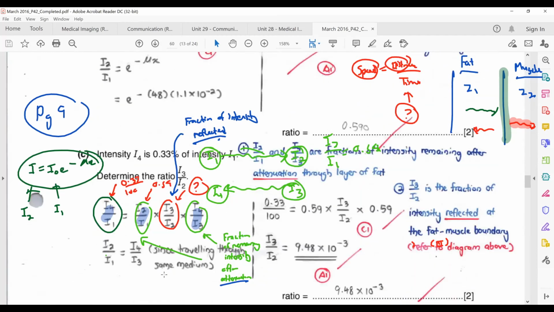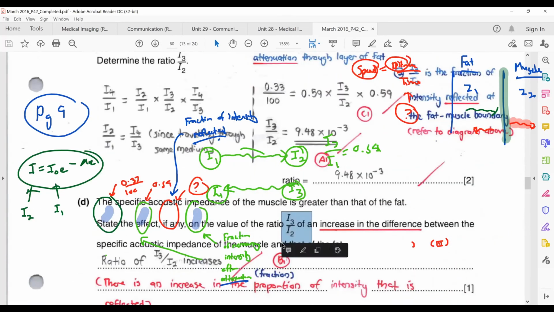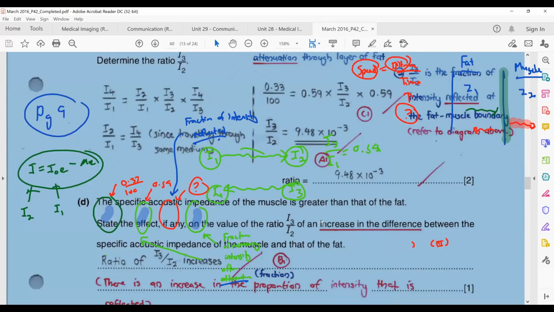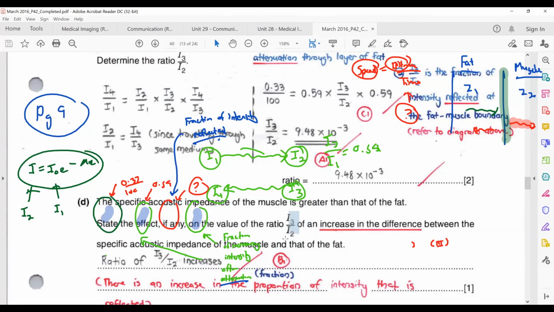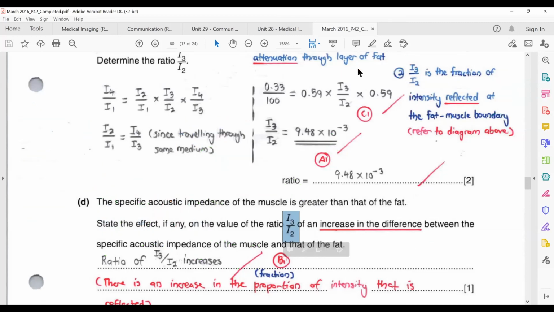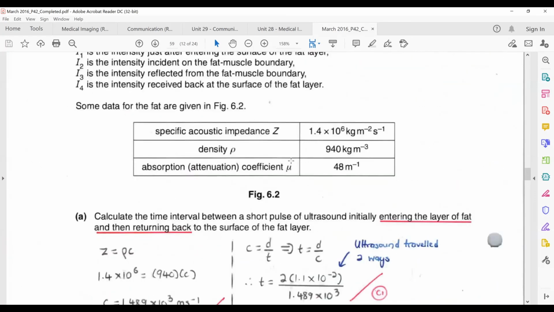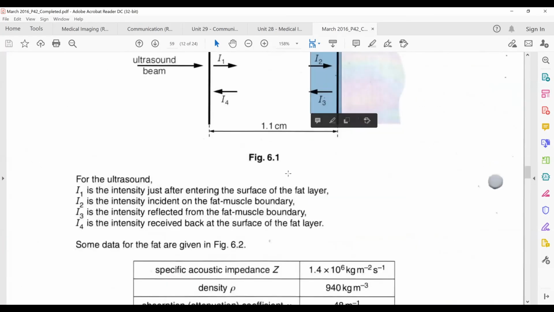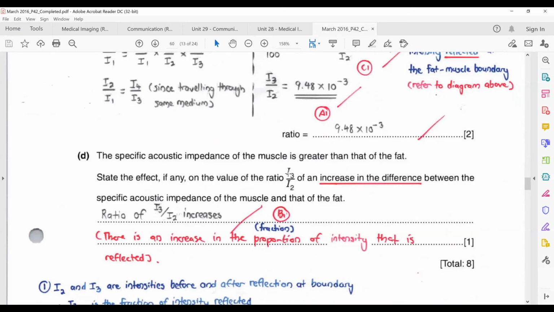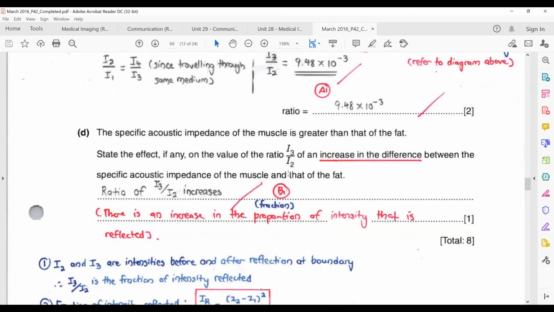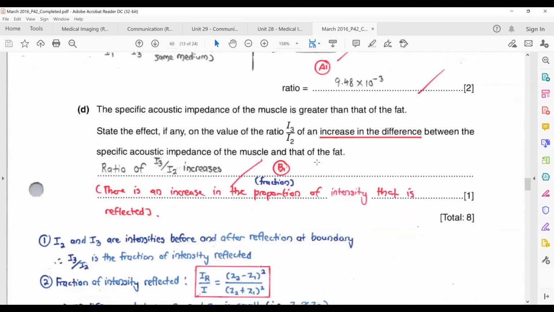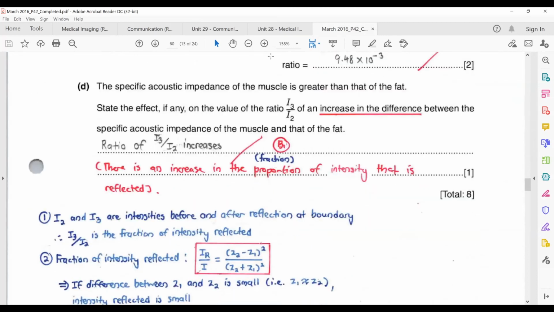The question is asking you about I3 over I2 right now. The I3 over I2 just now, as I explained to you, is actually referring to your fraction of intensity reflected. You should be able to see from the diagram that it is the fraction of intensity reflected.